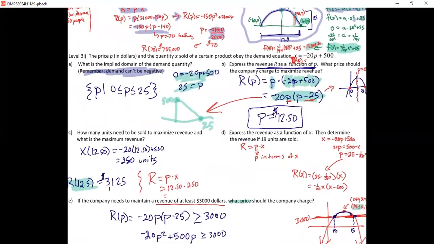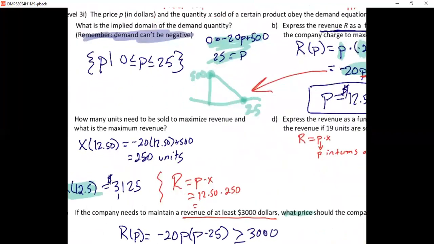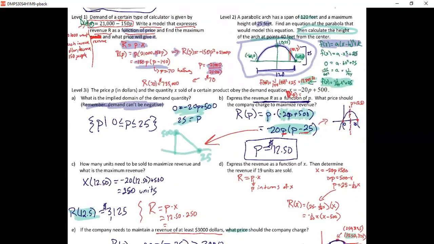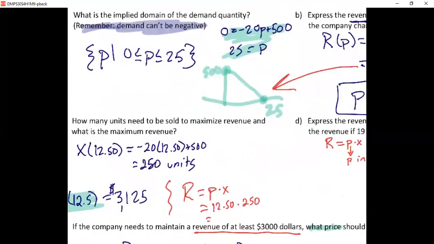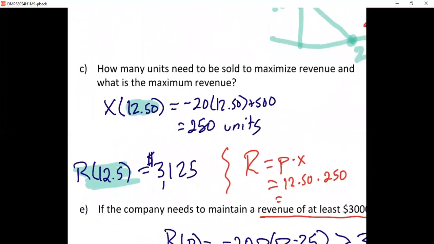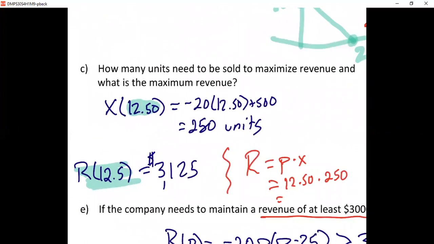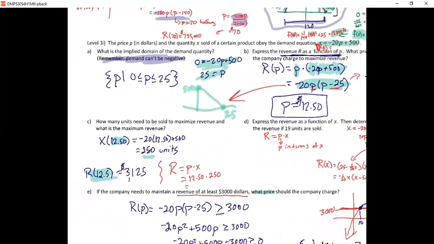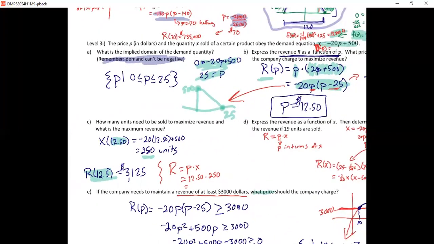And then how many units need to be sold to maximize the revenue? We have a couple different options here. Right from the beginning, we are given this demand equation, which I highlighted up here. We can use that demand equation to find X when the price is $12.50, which gives 250 units. And then we can plug in to our revenue function, which we have back up here.